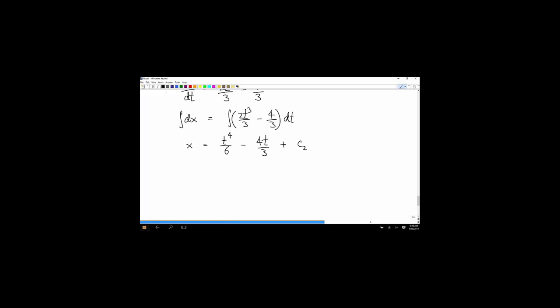And so the boundary condition says when time is equal to 0, x is equal to 2. So the boundary condition says 2 is equal to 0 to the 4th over 6 minus 4 times 0 over 3 plus C2.